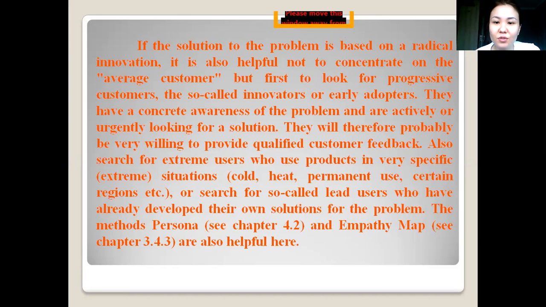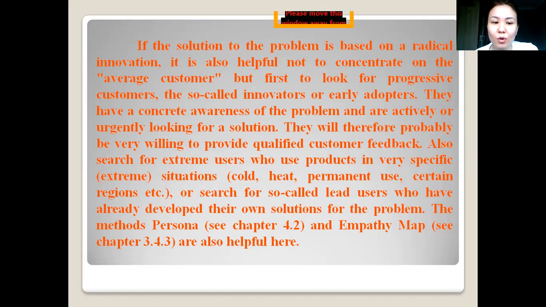If the solution to the problem is based on radical innovation, it's also helpful not to concentrate on the average customer, but first to look for progressive customers, the so-called innovators or early adopters. They have a concentrated awareness of the problem and are actively or urgently looking for a solution.